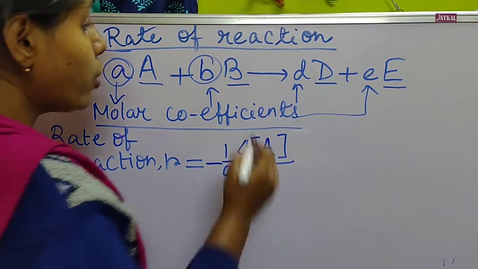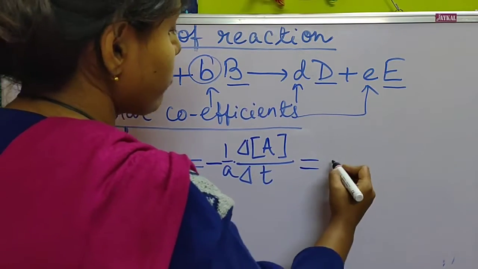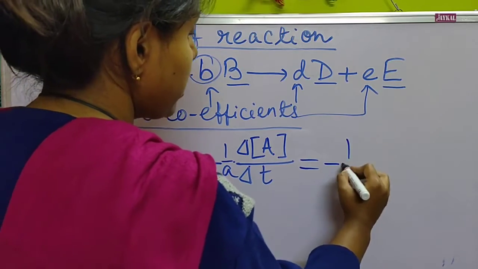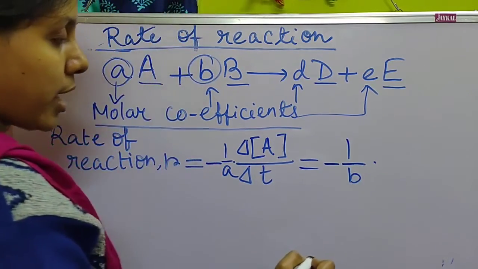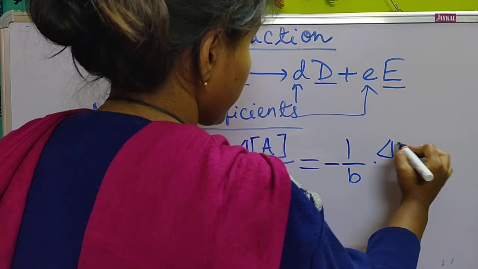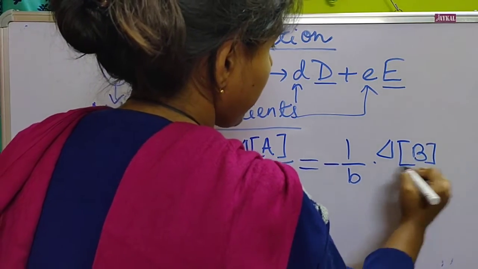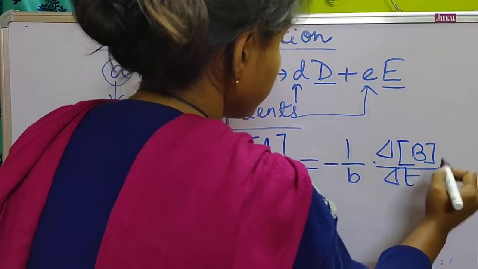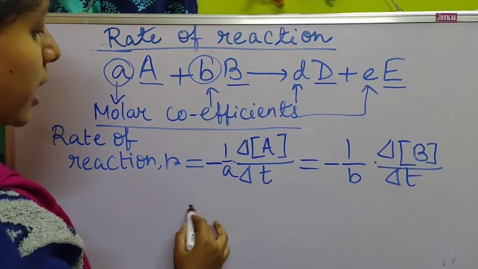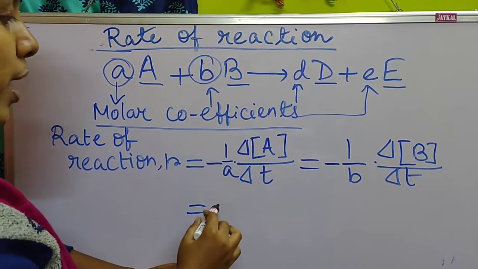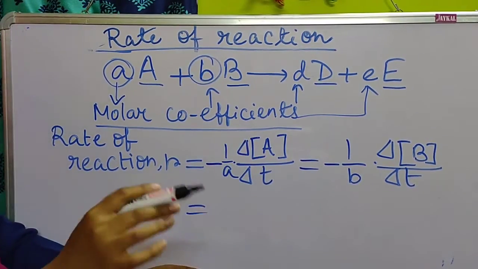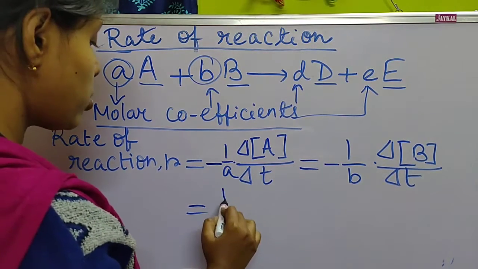delta T. Now for another reactant, again we have to use the minus sign. Then the molar coefficient has to be written in this way, then delta B divided by delta T. These are for reactants. Now for products, the negative sign will not be there. That will be a positive sign, so no need to write that.